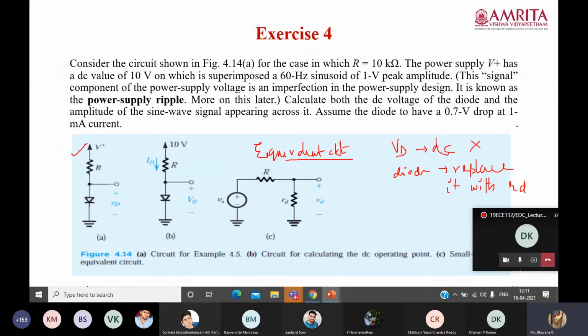Constant voltage drop model. So take down, considering the DC quantities, assume VD is equal to 0.7 volt.